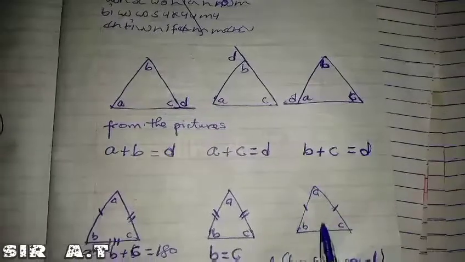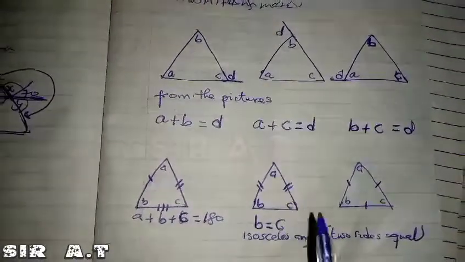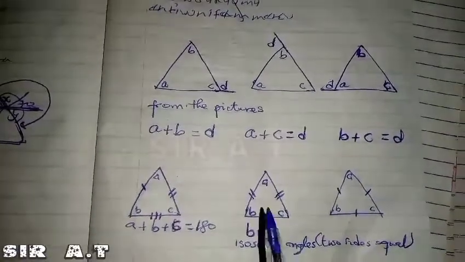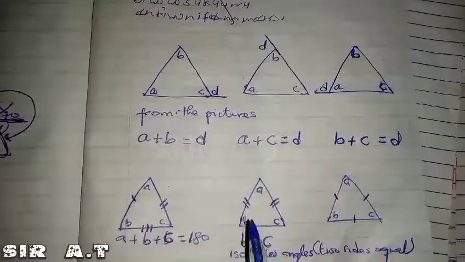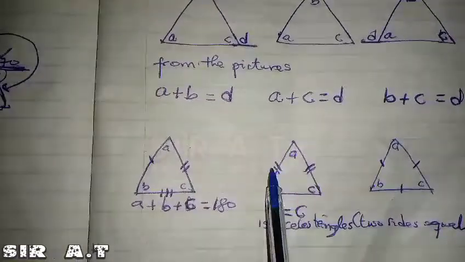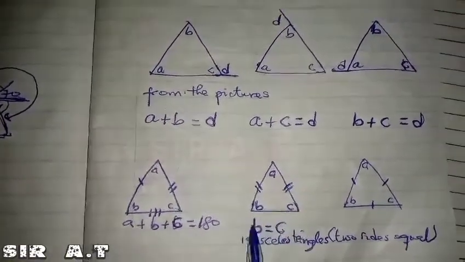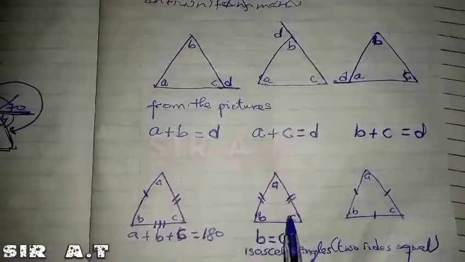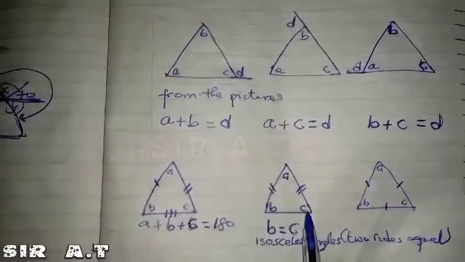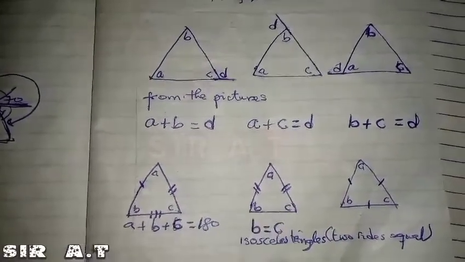The sides are equal. Now let's come here. This is an isosceles triangle. In an isosceles triangle, we are saying that two sides are equal, meaning these two angles, B and then C, are also equal.